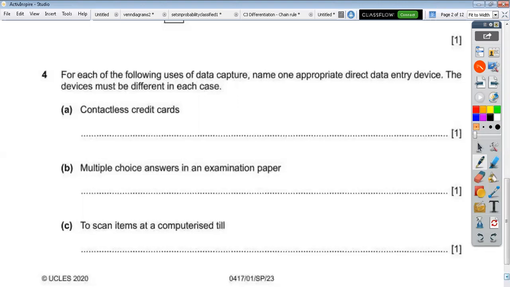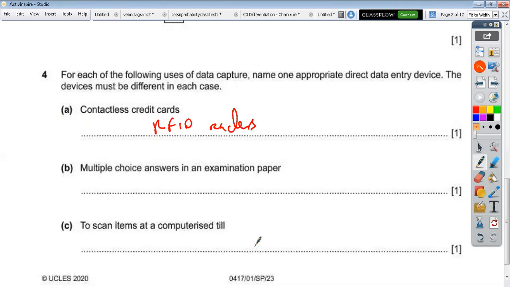What do you use? What reader do we use for contactless credit cards? Guys, are you reading? It needs an RF reader.